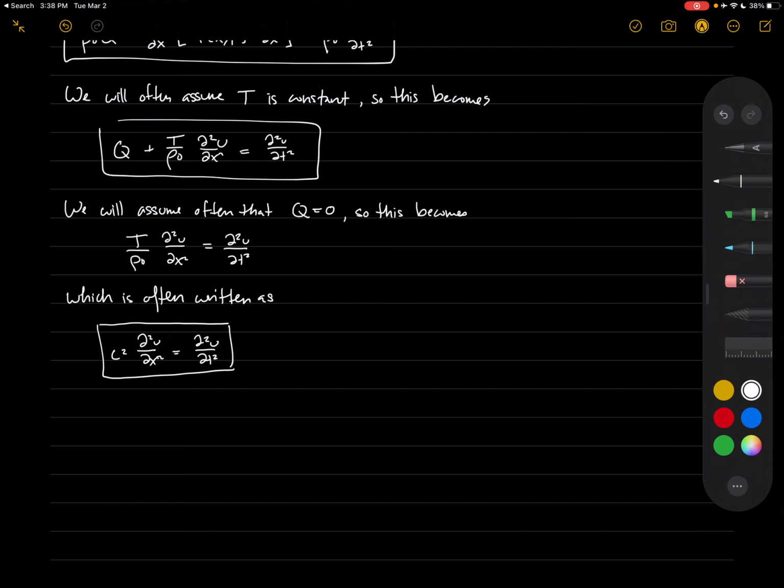Okay, and I just want to make some comments that often what's happening when we assume that q is 0 is that we're again making some approximating assumptions, not really that q is 0, but that the force is basically negligible. And when that's the case, we often can first calculate an equilibrium position of the string.